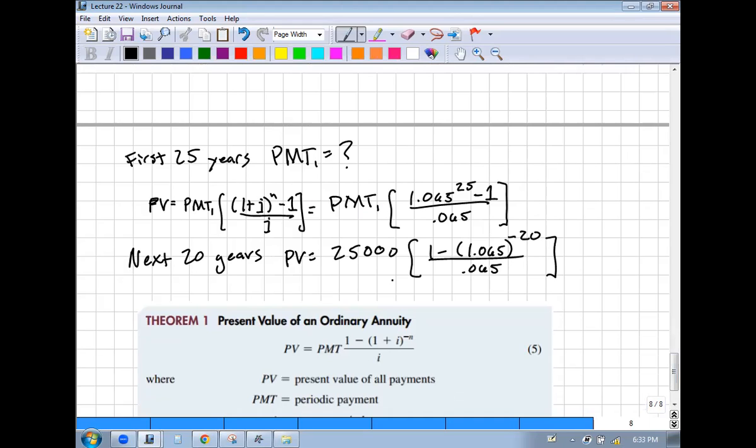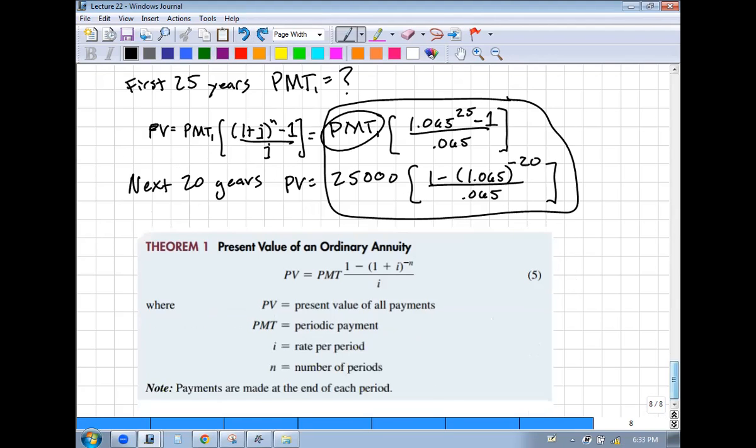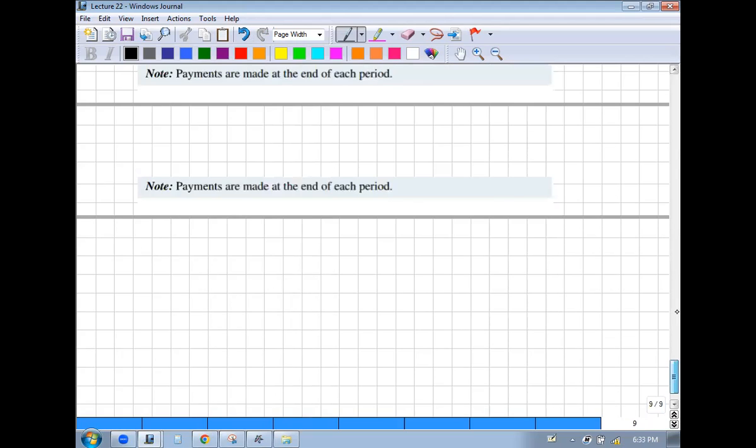And these have to be equal. Since the present values are the same here, we set these equal to one another and you solve for this, right? This is just a big number. So basically calculate that and then divide this by it. Let's look at their little solution here. That's what they're going to do.